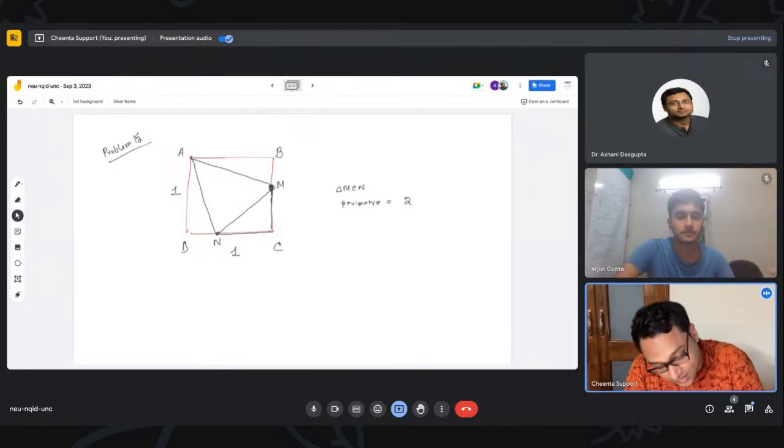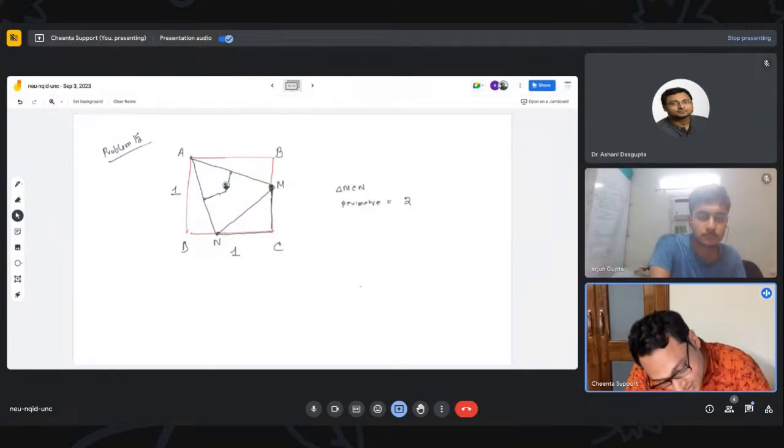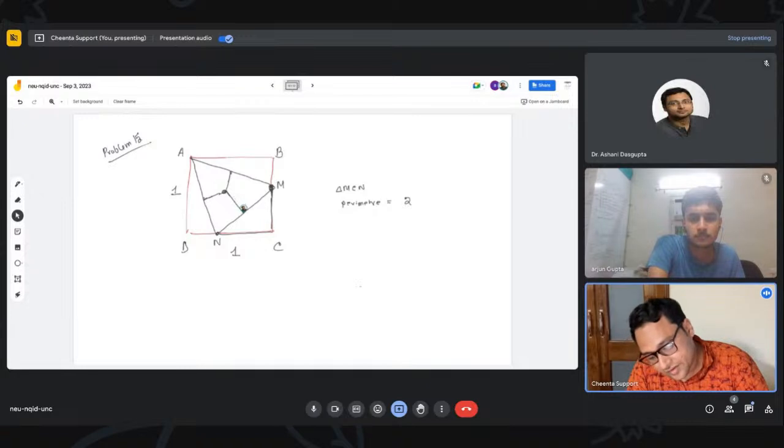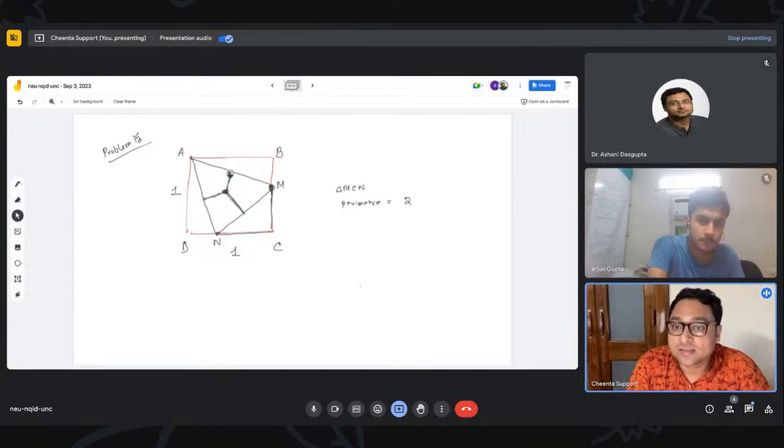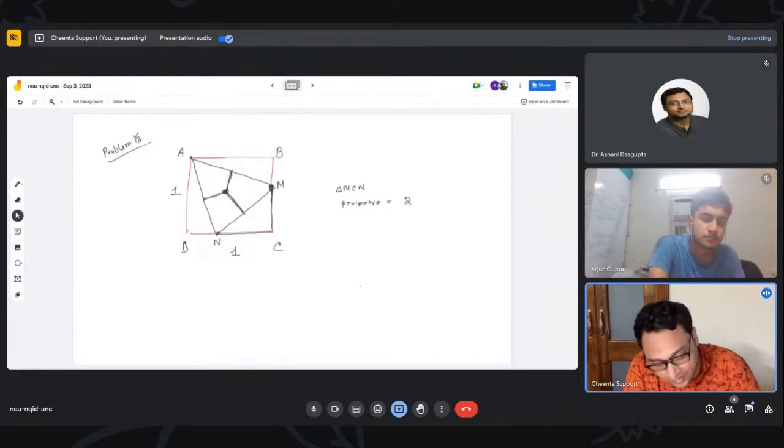That means you take the perpendicular bisectors of the three sides, and wherever they meet, that is the point O, which is the circumcenter of MAN.